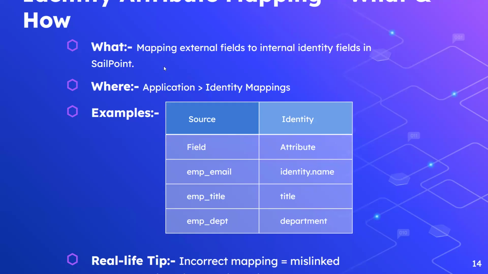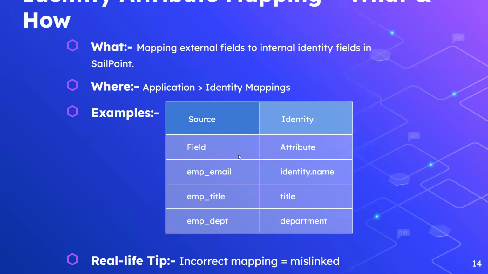so what is identity attribute mapping? It is basically mapping the external fields to our internal identity fields. For example, in your source application, let's take an example of Workday. In Workday, the attributes are employee email, employee title, and then employee department.